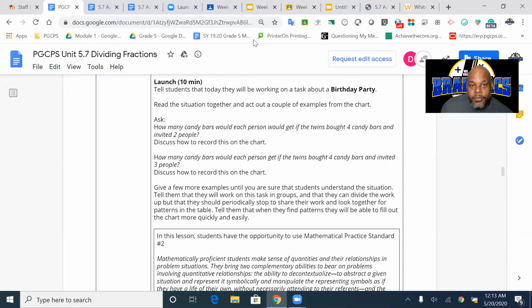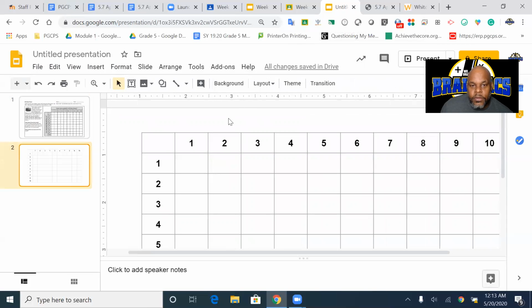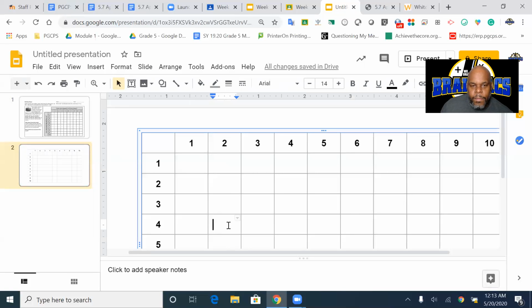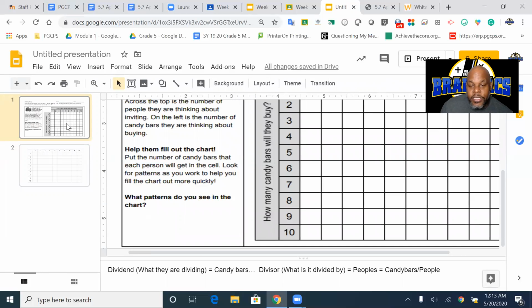Bought 4 candy bars and invited 2 people. So 4 candy bars and 2 people. Because the formula is, what did we say just now? We said the formula is candy bars over people.